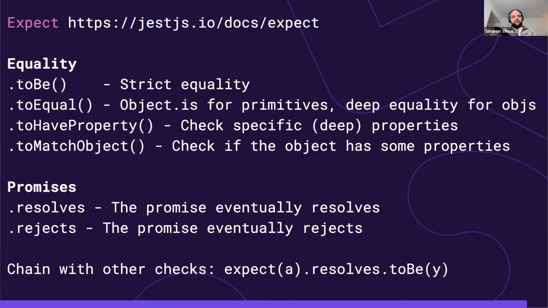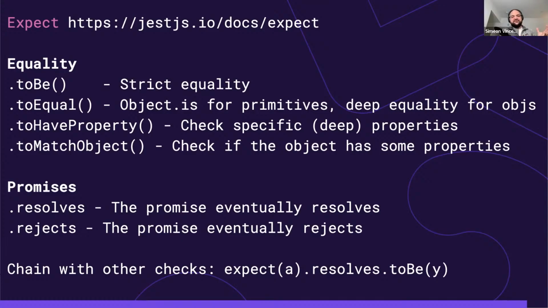So you can, for example, say expect some value dot toBe and then another value, and that will perform a strict equality check. Is A triple equals B?